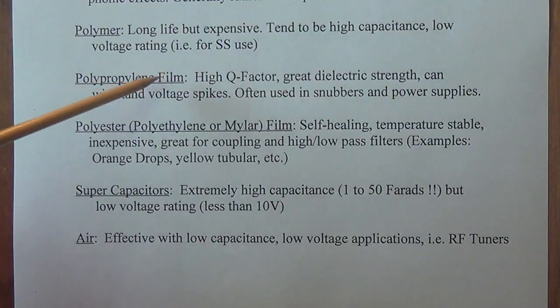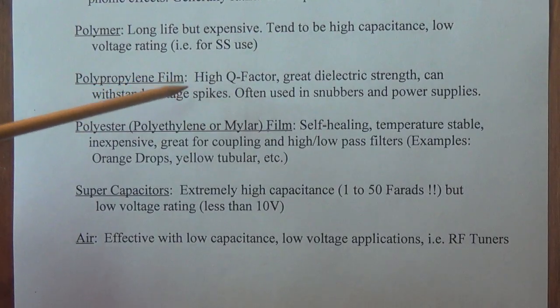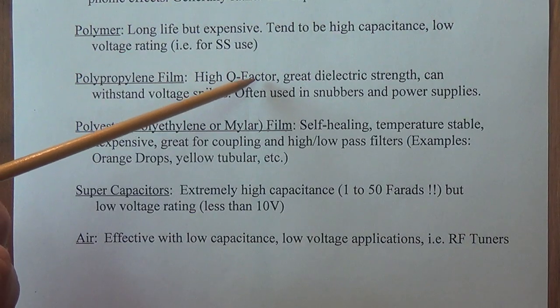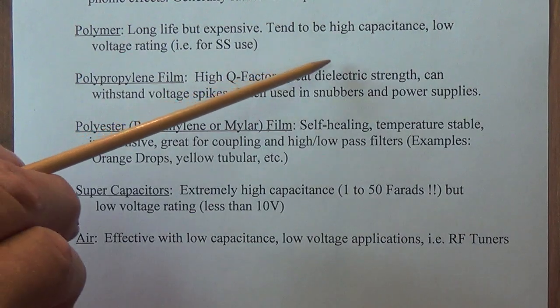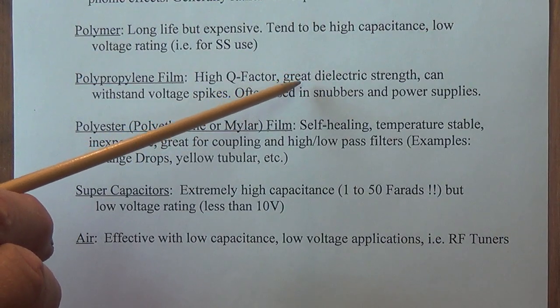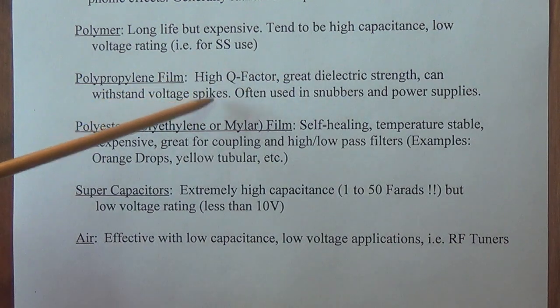First is the polypropylene film. This offers a high, what we call a Q factor. In other words, the dielectric is very, very resistant to the passage or breach by electrons. So we can withstand voltage spikes.